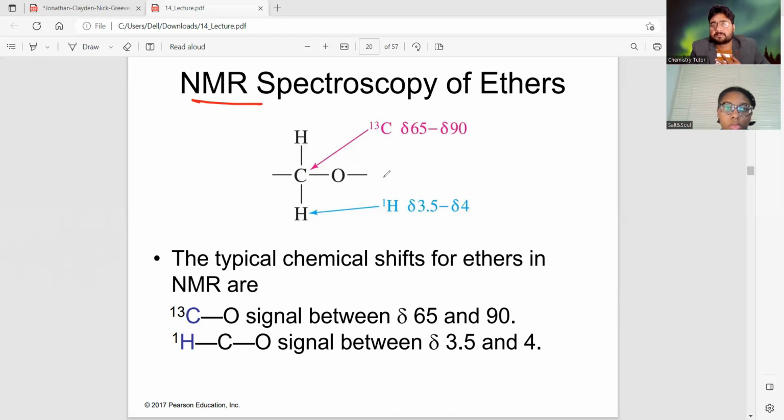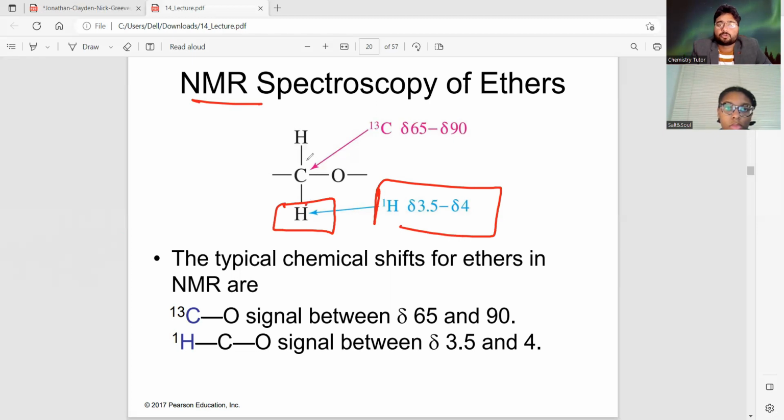In case of ethers, if we are studying proton NMR, this hydrogen which is connected with this carbon, and the hybridization of this carbon is sp3. Excellent. If the hydrogen is connected with an sp3 carbon and the sp3 carbon is connected with oxygen, this hydrogen will appear at 3.5 to 4 ppm. Why is this proton de-shielded?